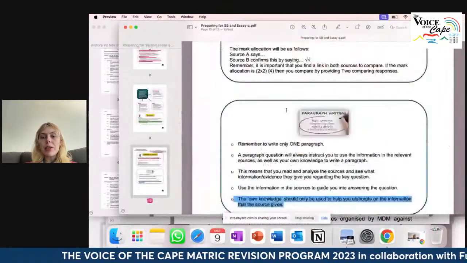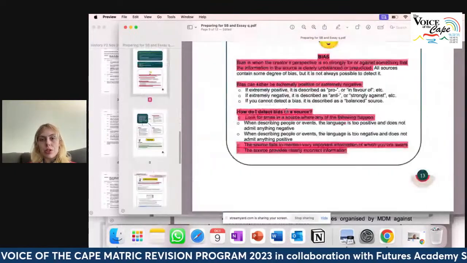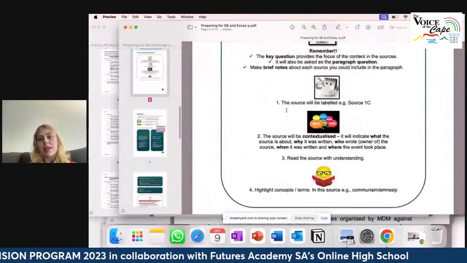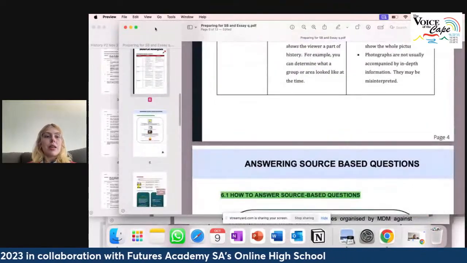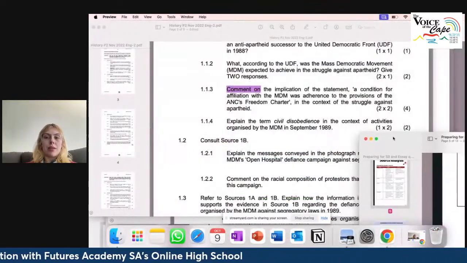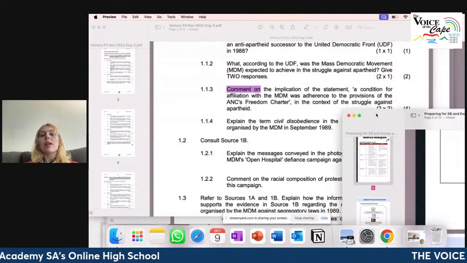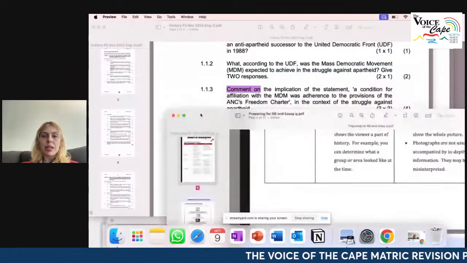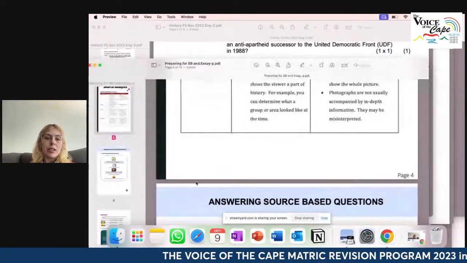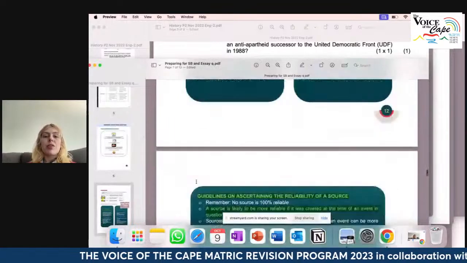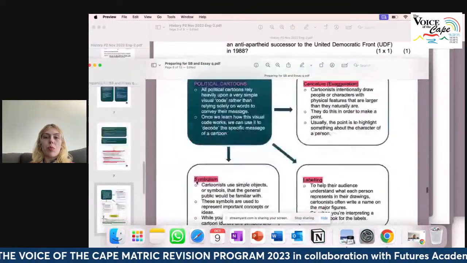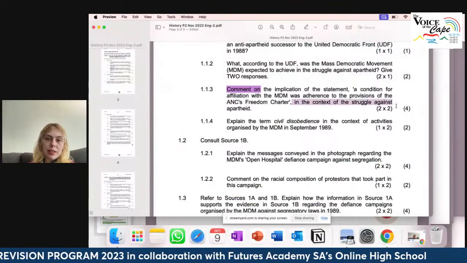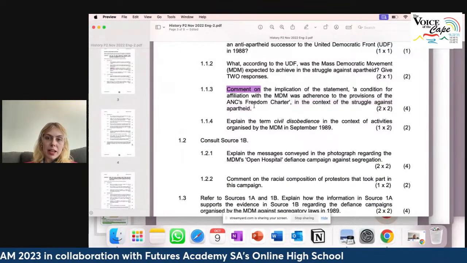So essentially, all they're asking you to do is to explain what that means in the case of the fight against apartheid. So when they say comment on the implication of the statement, they're basically just asking you what does it mean. So when we look at what it means, specifically the key part here is this: in the context of the struggle against apartheid.